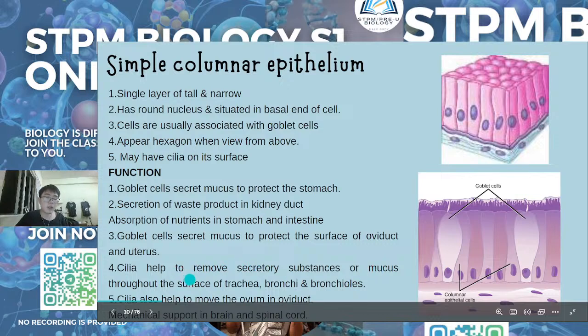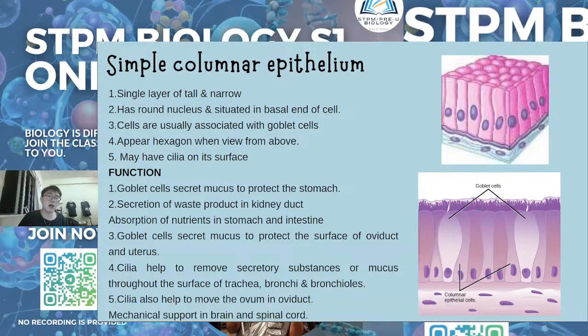And it can also help to move the ovum in the oviduct. So cilia also help with movement. Females have an oviduct, and every month, in the menstrual cycle, your ovary will release the secondary oocyte, your ovum, and then it goes to the uterus.